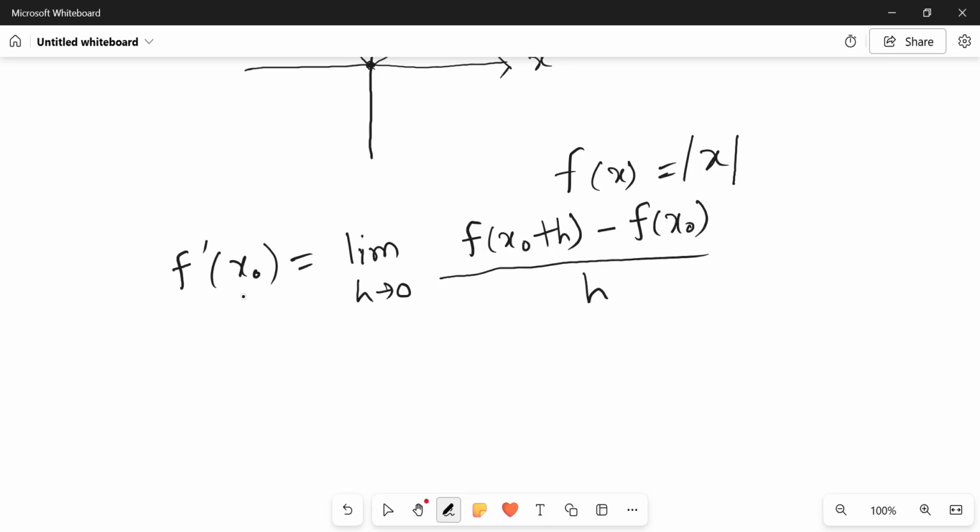The x naught is 0 because we are checking the differentiability at point 0, so x naught is 0 here.